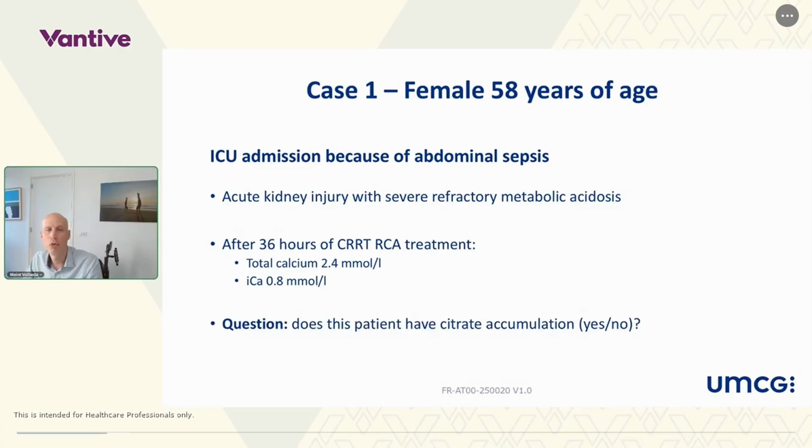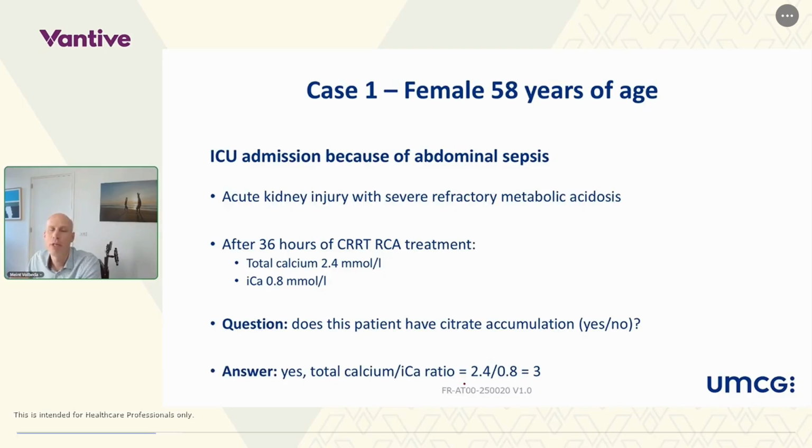So the question to you as an audience is whether or not this patient has citrate accumulation. Okay, I see the results right now. 76 people say yes, 22 say no, and 2 say not sure. I think these are percentages, but most people say yes, and that's actually right, because it's quite simple.